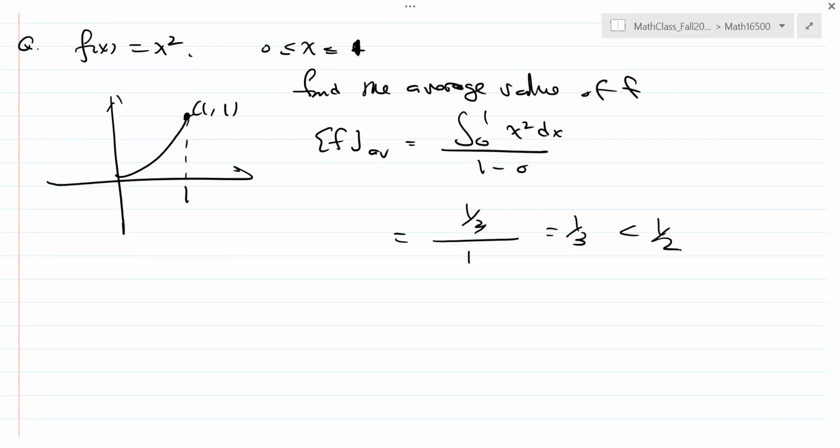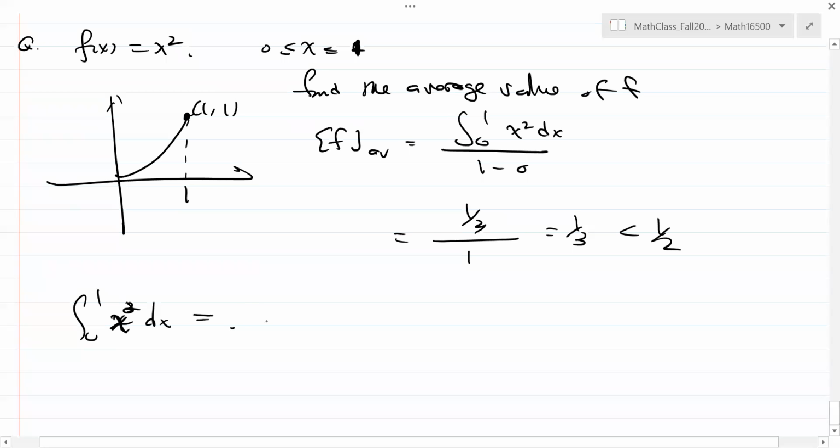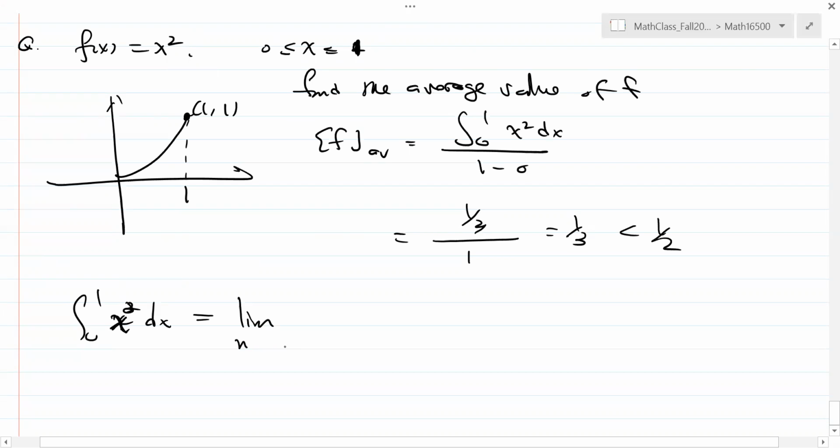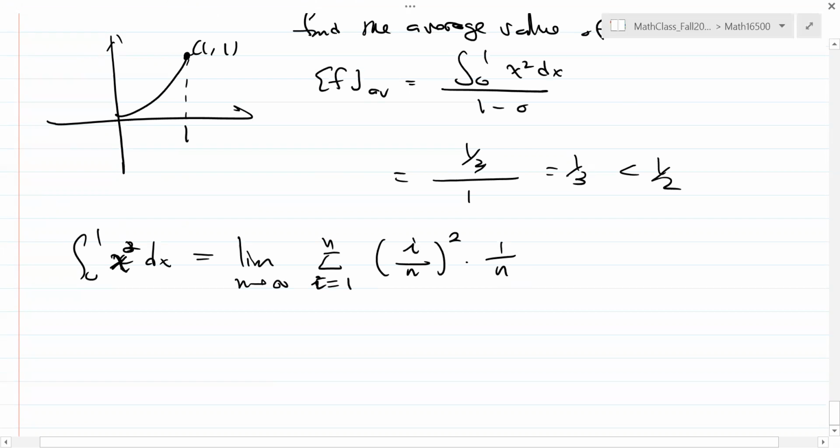If we have to evaluate this by the limit, it is going to be the limit of the Riemann sum of xi squared times delta x.